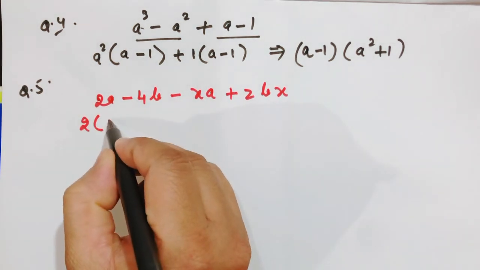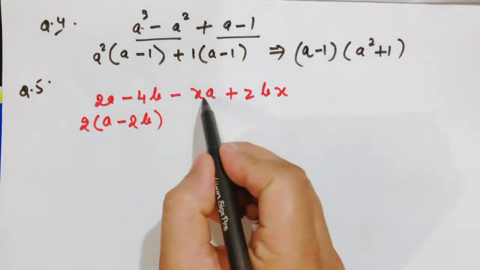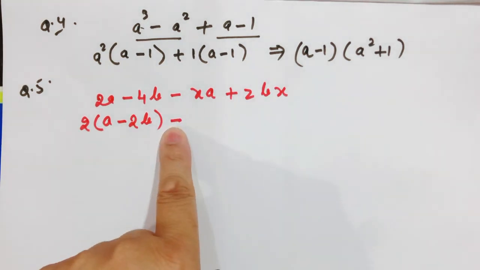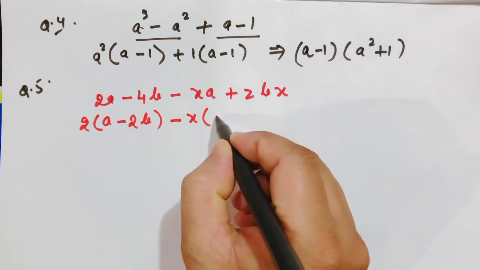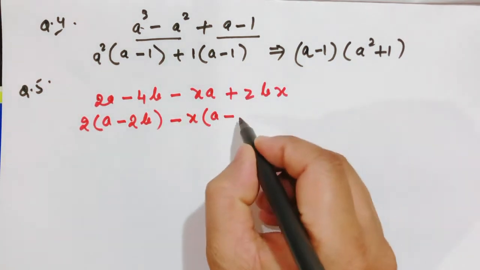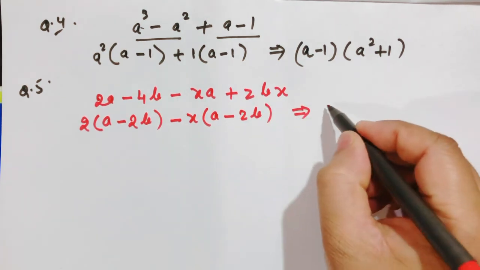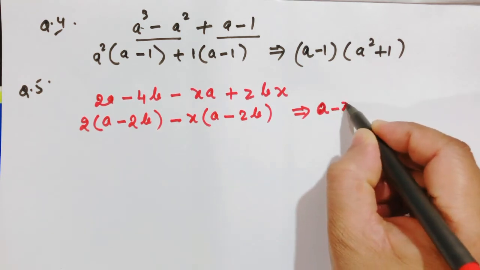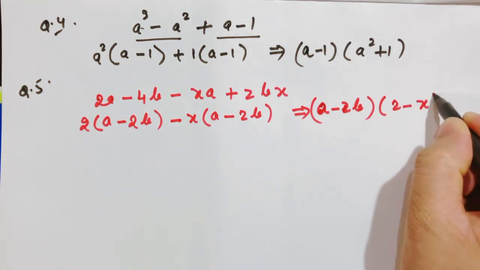You will be getting a minus 2b, and from these two, see minus is over here, so you will have to take the minus sign. Now let us take x as common. So when you have taken the minus sign, the sign inside will change. a minus 2b and 2 minus x. So a minus 2b and 2 minus x.